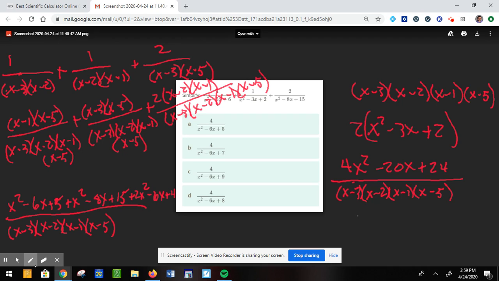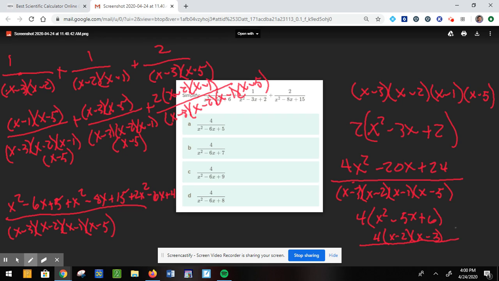So I'm going to take a 4 out, and you have x squared minus 5x plus 6. I'm also going to factor the x squared minus 5x plus 6, and that would be 4 times x minus 2 times x minus 3.